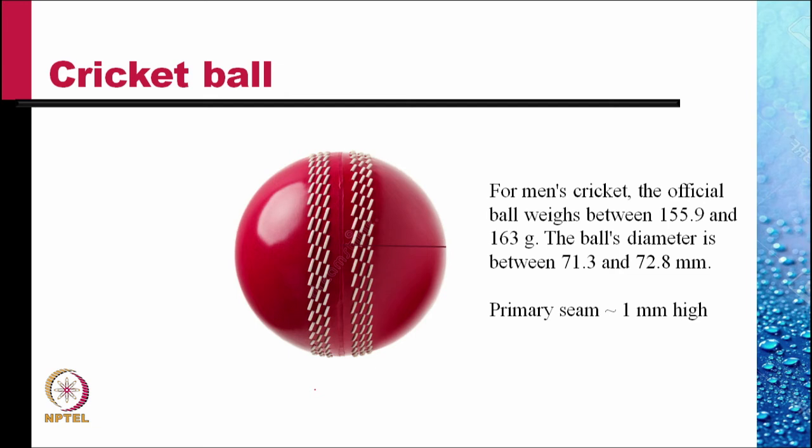The second, this raised seam causes the boundary layer to transit from the laminar regime to the turbulent regime. And the art of bowling has developed techniques by which the transition occurs on one half of the ball, not on the other half. I'll explain this shortly.